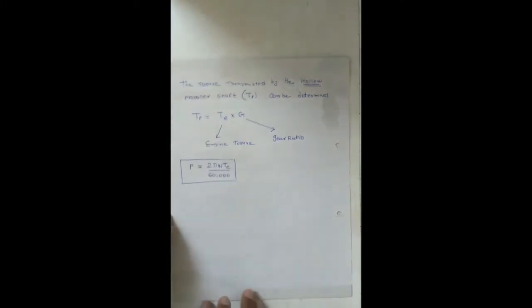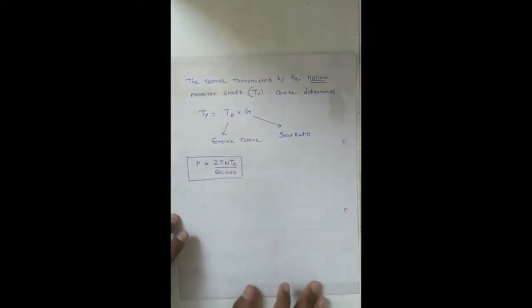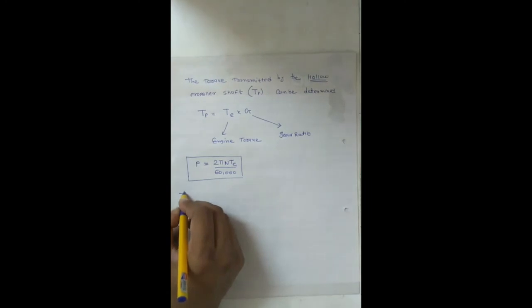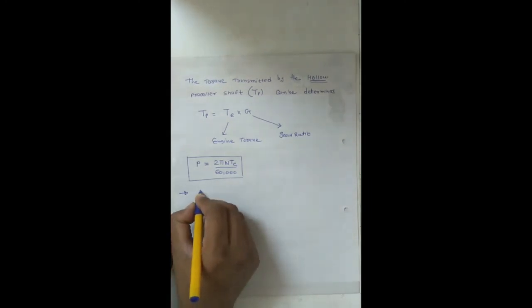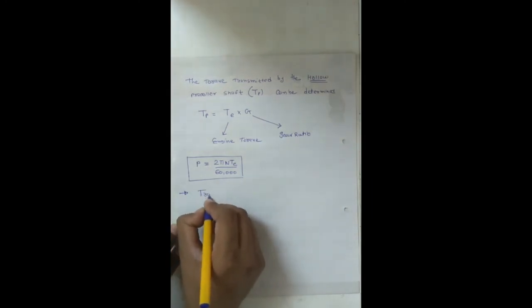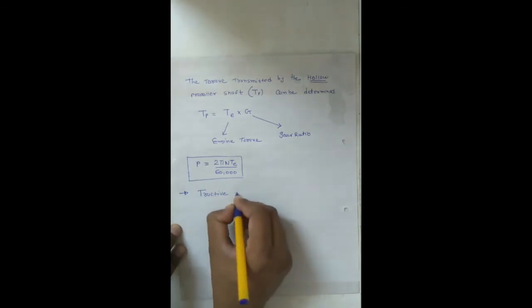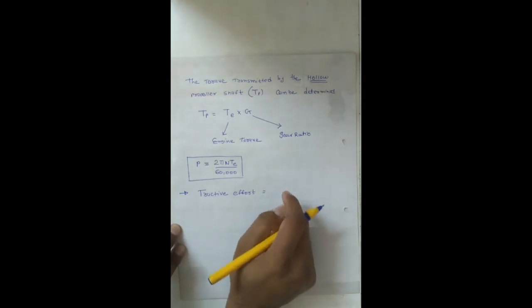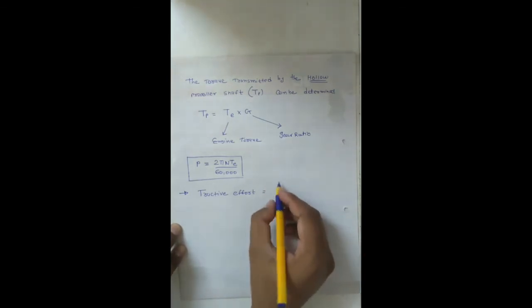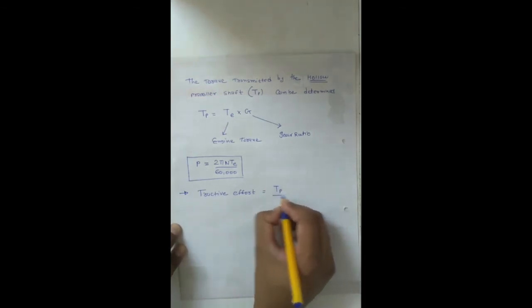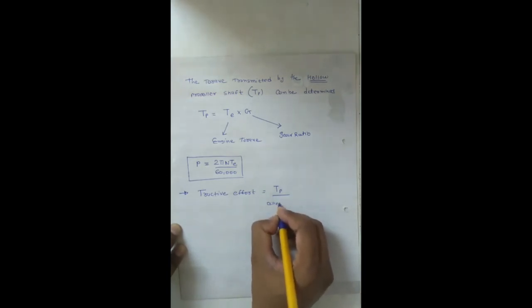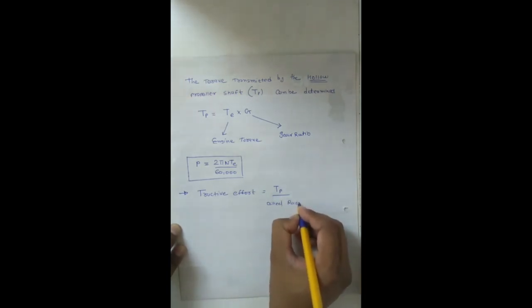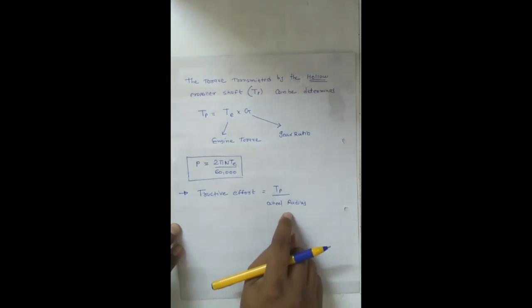In the next part we have to find the tractive effort. The tractive effort can be determined by TP divided by wheel radius. The wheel radius is given to you in the example, while we have to find the tractive effort.